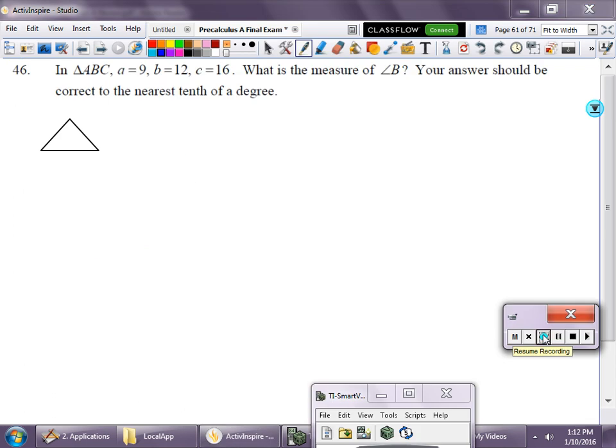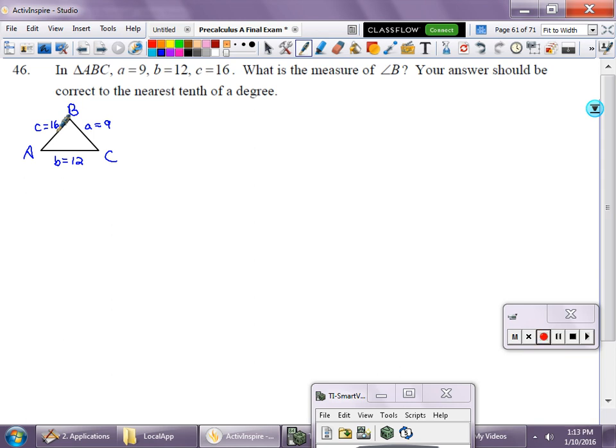Okay, for triangle ABC, again, label A equals 9, B equals 12, C equals 16.